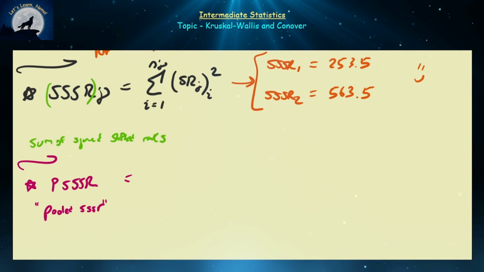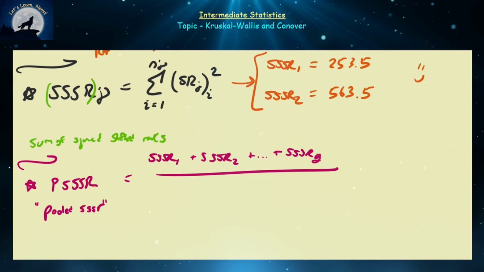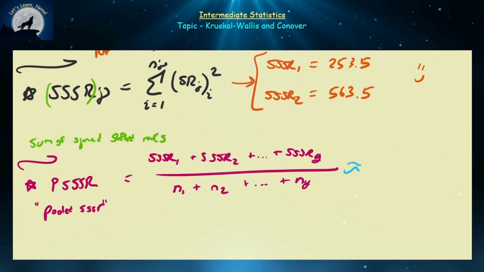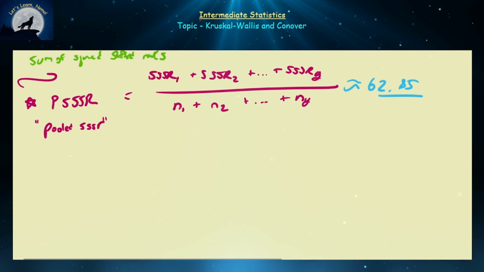And this is equal to SSSR1 plus SSSR2 all the way down to SSSRG, divided by N1 plus N2 all the way down to NG. But keep in mind the denominator is just going to be equal to N. For our particular example, that's going to come out to approximately 62.85.